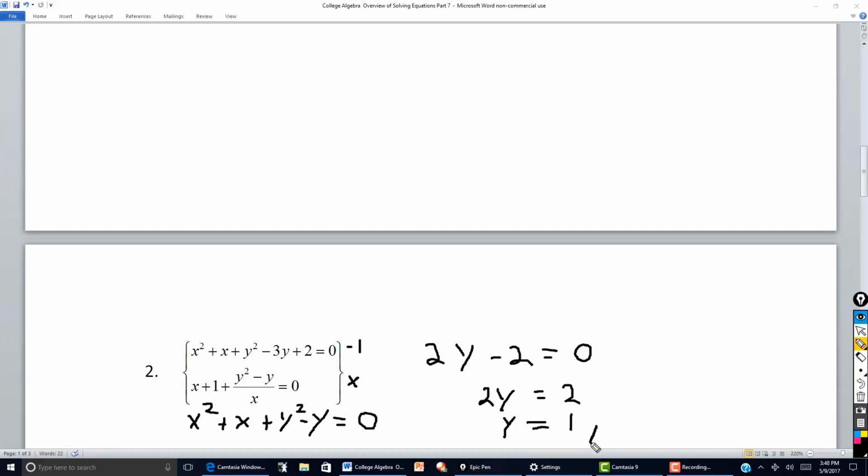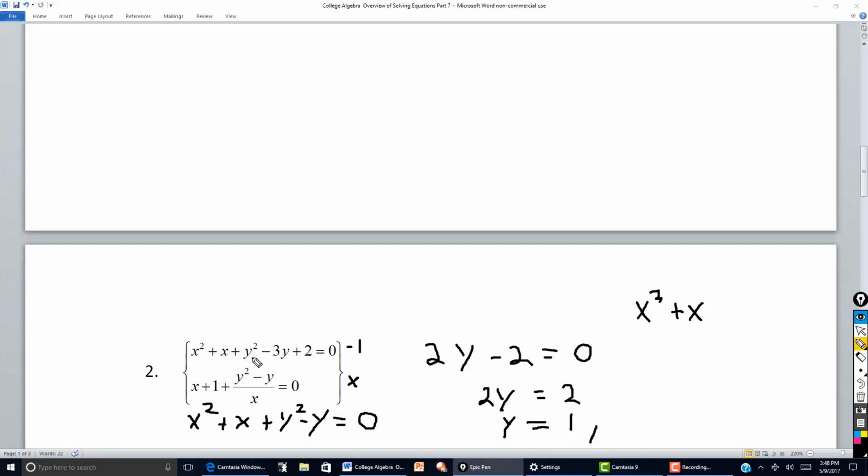Okay, so now when y is equal to 1, I want to know what the x is. So go back to either equation, either this transformed one or the first one. I'm going to go to the first one and just replace the y by 1. So x squared plus x, and then put a 1 where the y is.